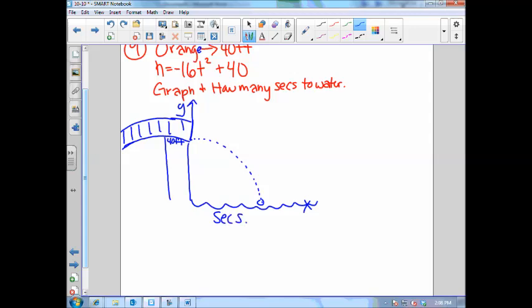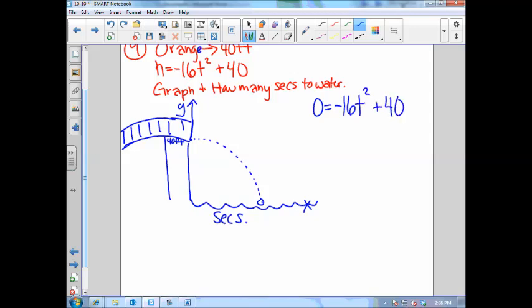Okay, so you're done with half the problem. You should have graphed that, and you have graph paper, so it should be looking nice and neat. Now you have to find how many seconds it will take for the orange to hit the water. If we're hitting the water, what's its height? 0. Just like we did last time, the height is 0, and the unknown value is the time.